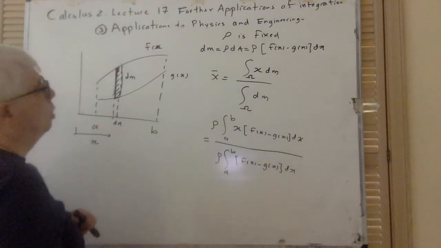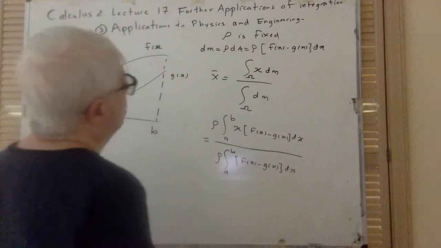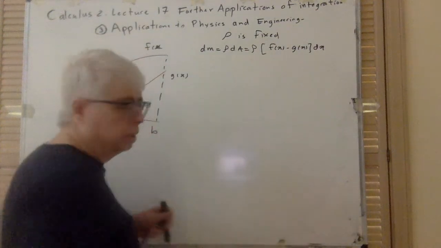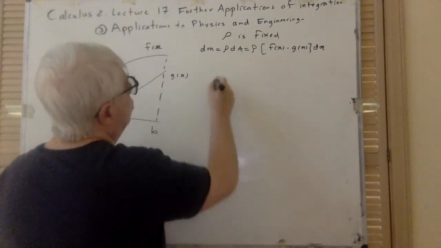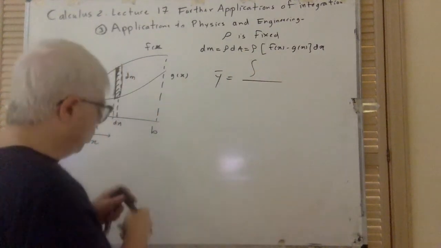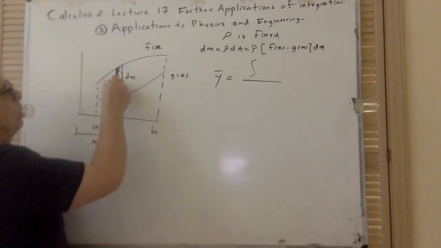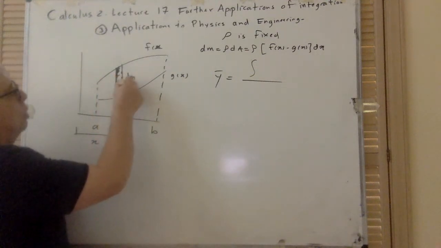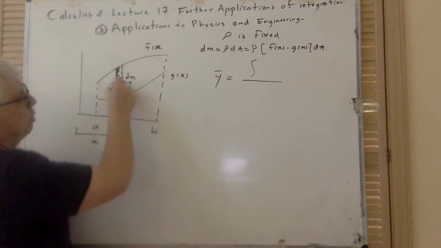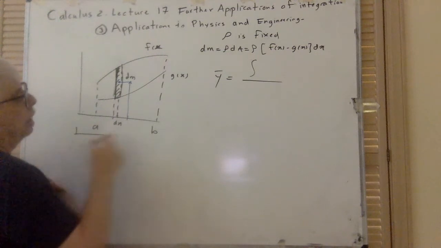So now what happens to y bar? That was the formula for x bar. Now y bar is, remember, the integral of y bar for each one of them. This y bar here is from the midpoint to the x-axis.